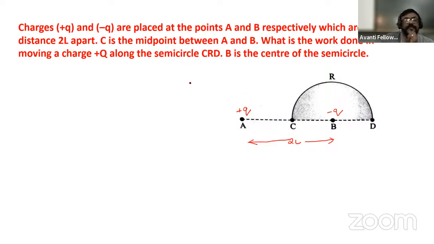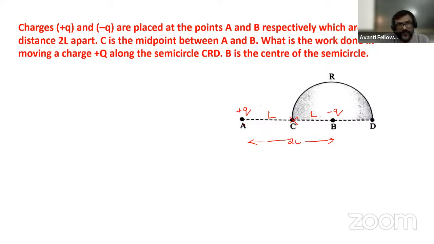And it is mentioned that C is the midpoint between A and B. What can you conclude from this? AC is equal to CB. When the total length AB is 2L, AC is L and CB is also L. So this much we can mark in this question after reading the first sentence.